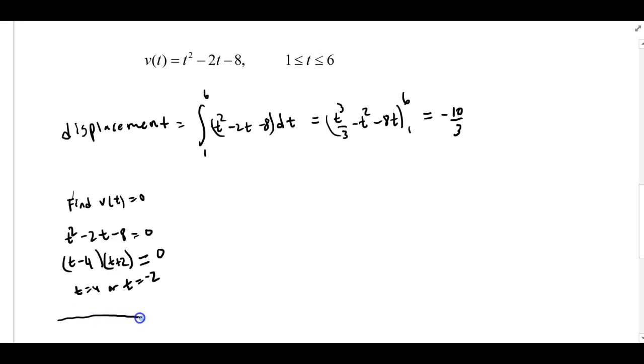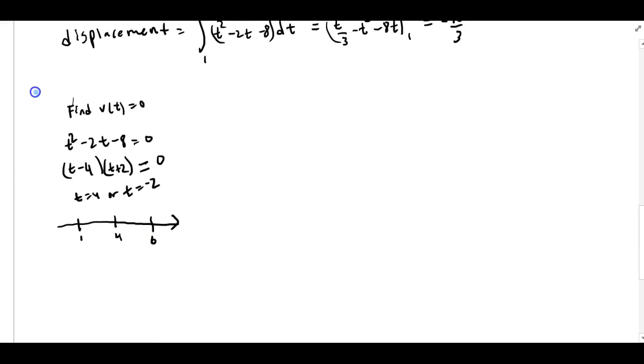Because we are looking at the interval from 1 to 6, I don't have to worry about negative 2, I just worry about 4. Then, as we normally do with number lines, this corresponds to velocity, and we pick some test points in between. If t equals 2, then this factor will be negative and this will be positive, so velocity will be negative. If I pick t equals 5, then both factors are positive, so velocity is positive. So we see that velocity will be negative on the interval from 1 to 4.